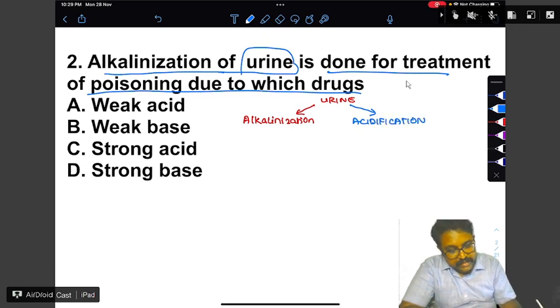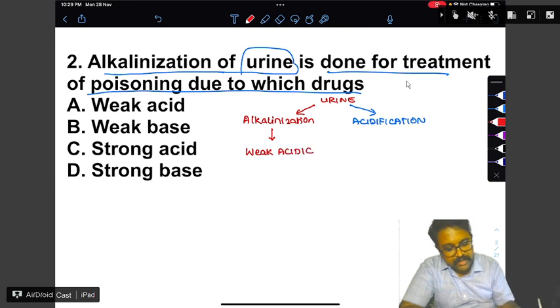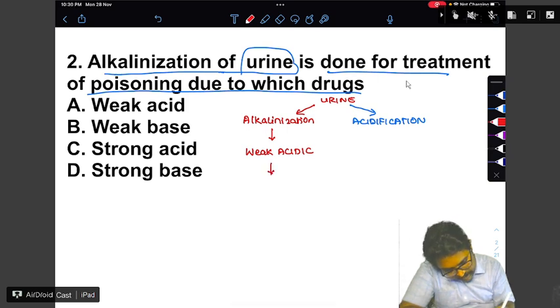Urine alkalinization is done in case of weak acidic drug poisoning, where alkalinization will lead to an increase in the ionized forms.